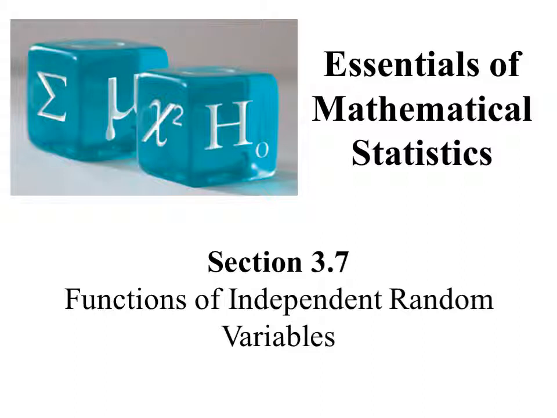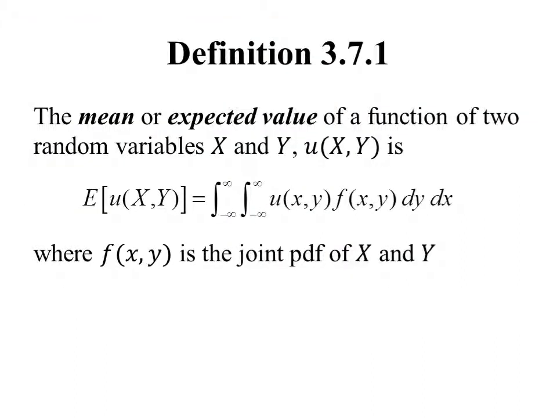And so we're going to list some properties that deal with any type of random variables or functions of any types of random variables. And we're going to also list some properties that apply specifically to independent random variables. So we're going to start off by defining the mean or expected value of a function of two random variables. So here our two random variables are denoted x and y, and this function is called u of xy.